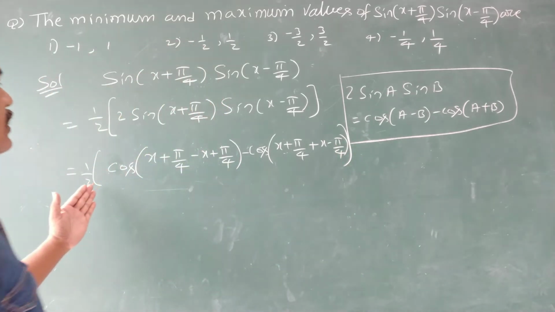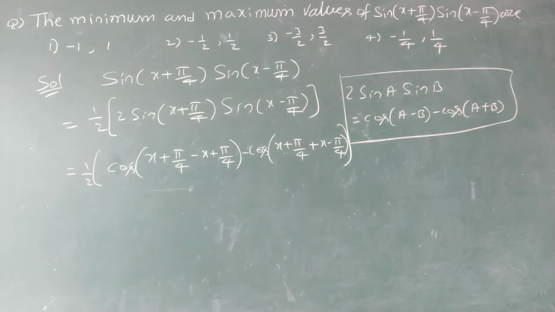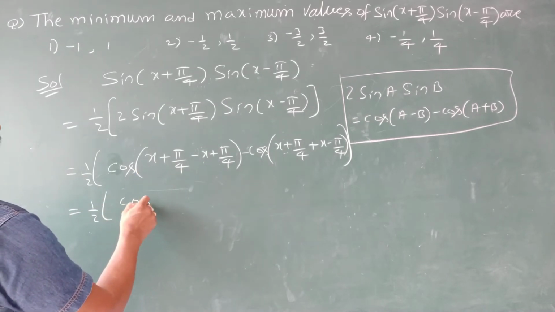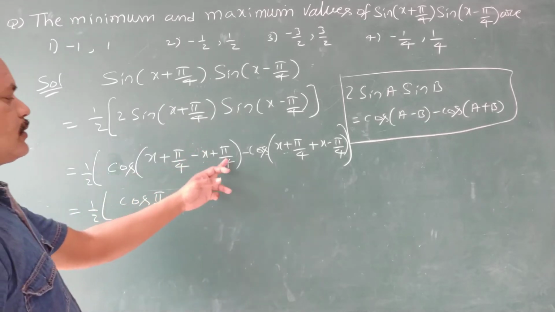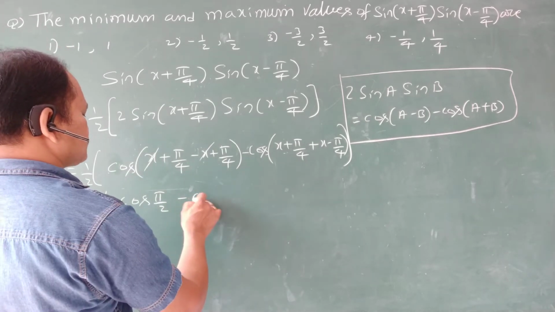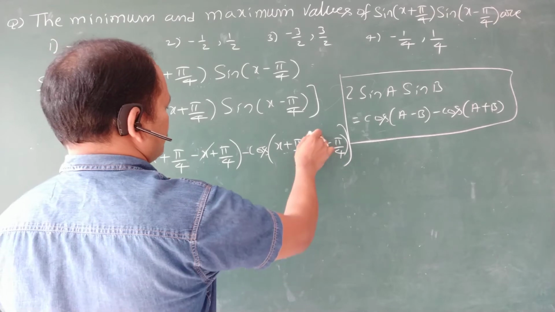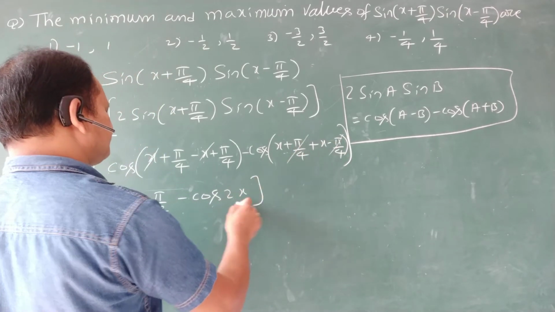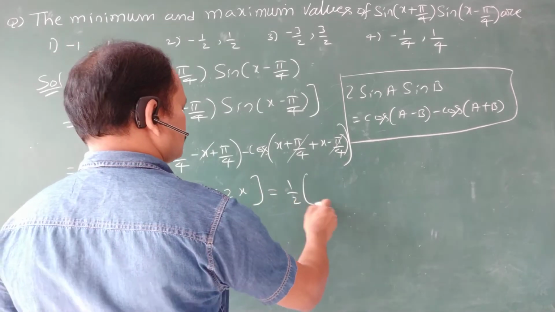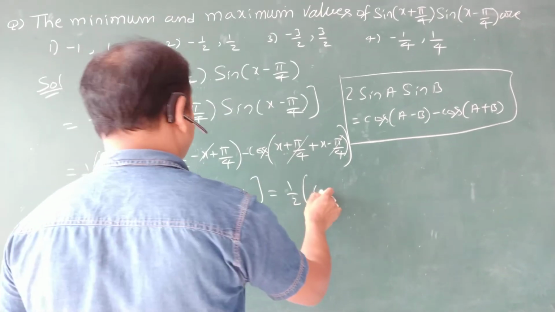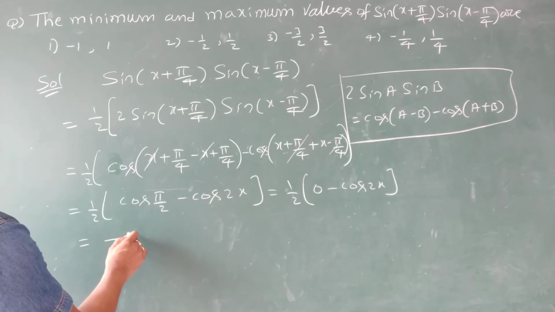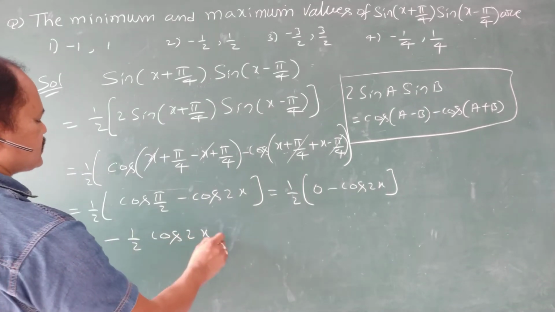Here it is 1 by 2 times cos of pi by 2, since x gets cancelled and pi by 4 plus pi by 4 is pi by 2, minus cos of 2x, since pi by 4 gets cancelled and x plus x is 2x. Now cos 90 is 0. That's why it is 1 by 2 times cos pi by 2, that is 0, minus cos 2x. Now this is minus 1 by 2 times cos 2x.